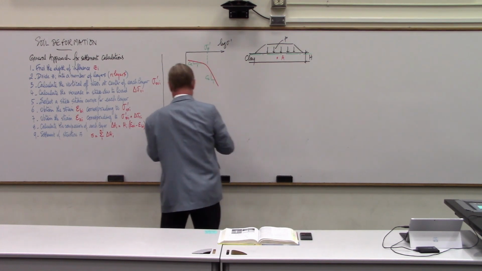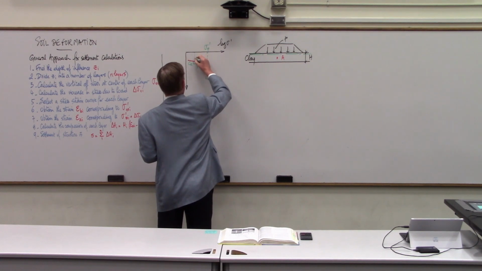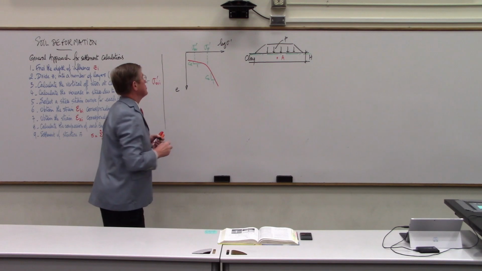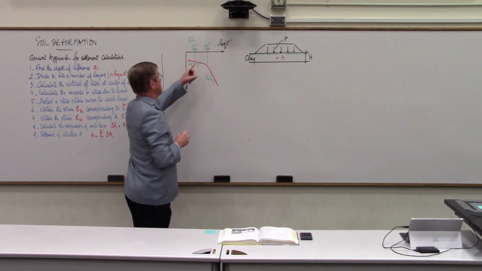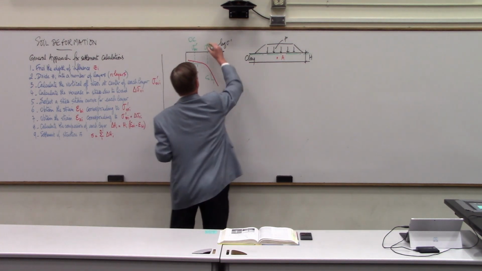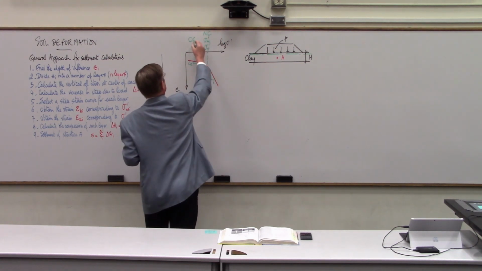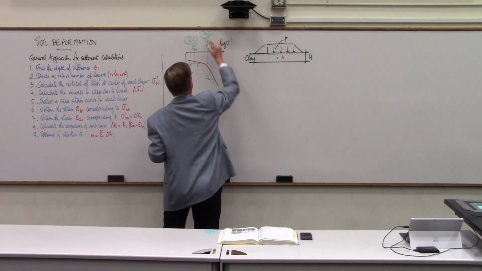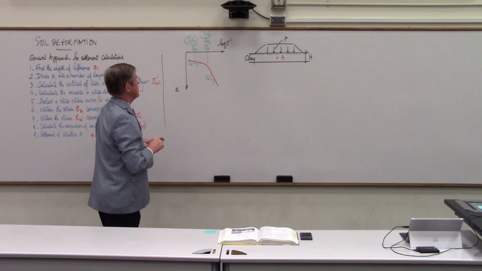The issue is we have, so remember that if sigma prime OV is here, then the material is over-consolidated because sigma prime P is larger than sigma prime OV. If sigma prime OV is here, then the material is normally consolidated, okay? And these are the two distinctions that we make depending on where sigma prime OV is located.